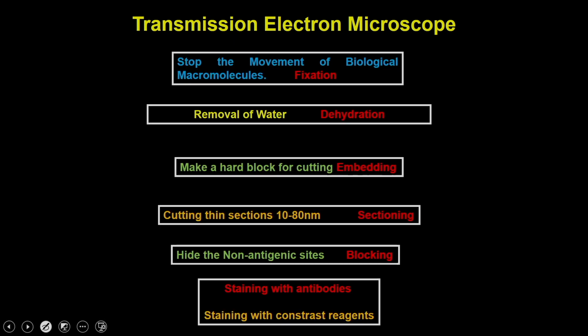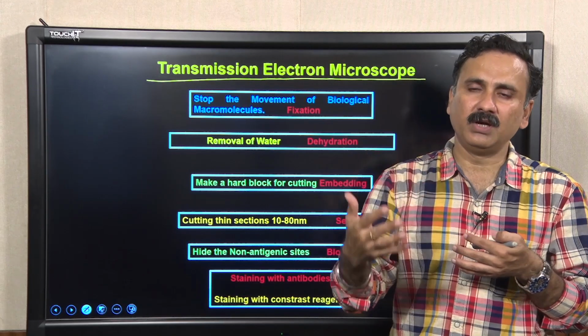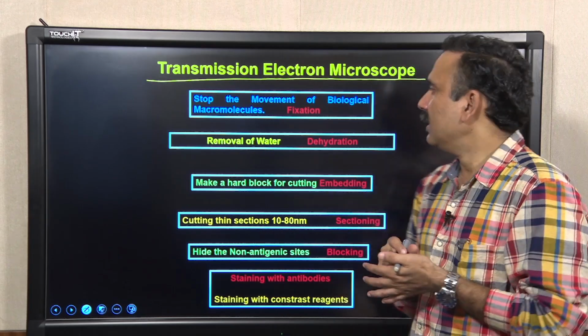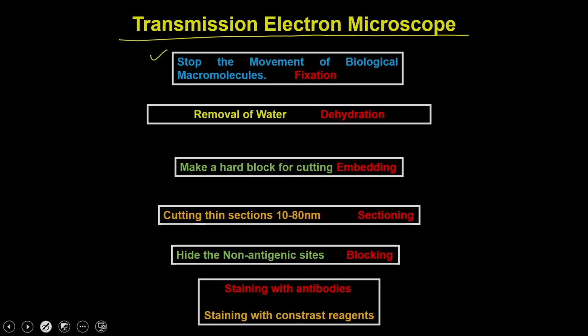Now, when you do transmission electron microscopy, the processing of the sample is a little different from what you have done for the scanning electron microscope, and you have to do additional steps because now you want the electrons to pass through the sample, and then it is going to give you the image. So, the first step is the same, that you have to stop the movement of the biological macromolecules, which means you have to do a fixation step.